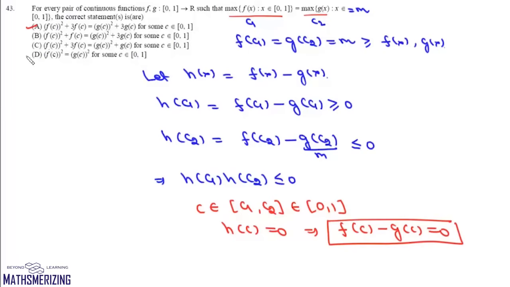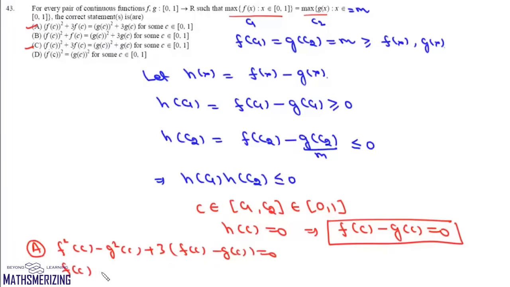Now if we look at these options, we can write this A as f square c minus g square c plus 3 f(c) minus g(c) equals 0, which is f(c) minus g(c) into f(c) plus g(c) plus 3 equals 0.